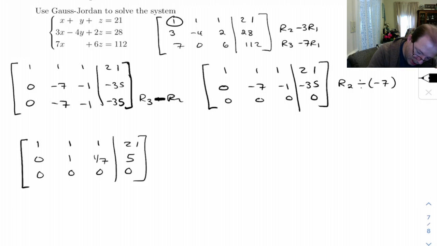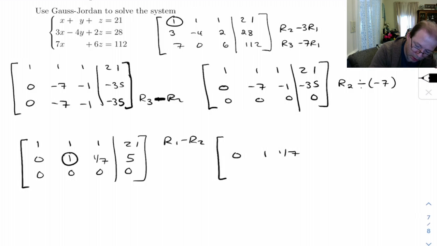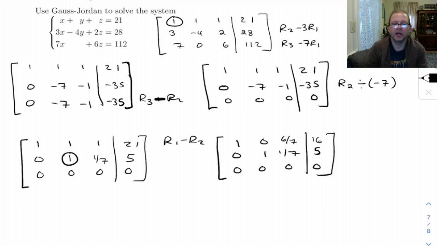And now I'll use this as my pivot, and I'll do row 1 minus row 2. So I get 1 minus 0, 1 minus 1, 1 minus 1/7, and then 21 minus 5. And we're almost done.